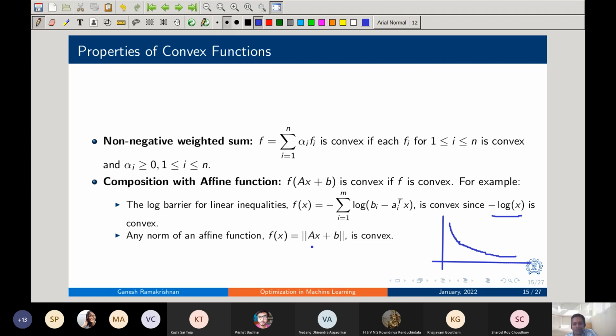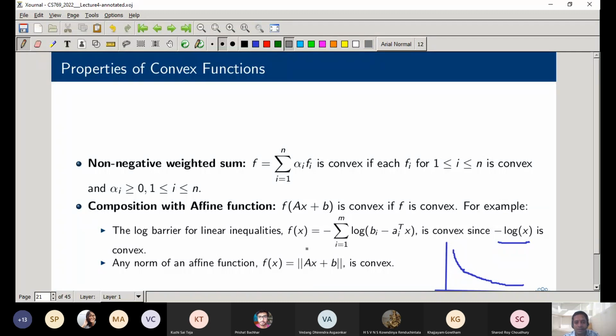Likewise, you can take the norm of an affine function, norm of Ax plus b, that's also convex. A simple example of this is what we have discussed. The ellipsoid is an example.